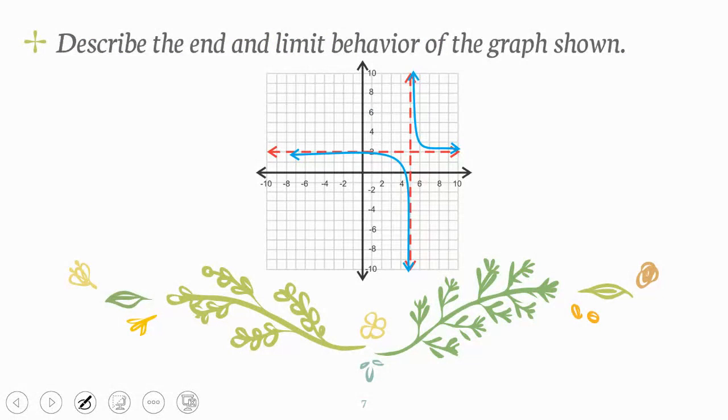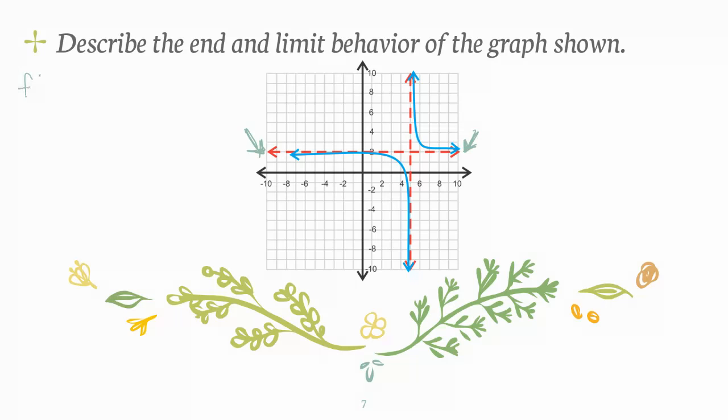All right, now we're going to look at a graph. We want to describe the end behavior and the limit behavior of what we're seeing here. So start with the end behavior. The end behavior describes what's happening as we leave the graph on the right and as we leave the graph on the left, okay? I always go from left to right. I don't have a reason other than I find it easier.